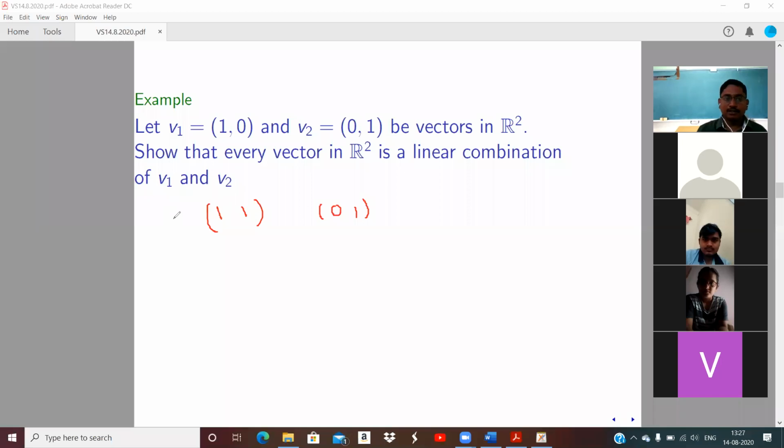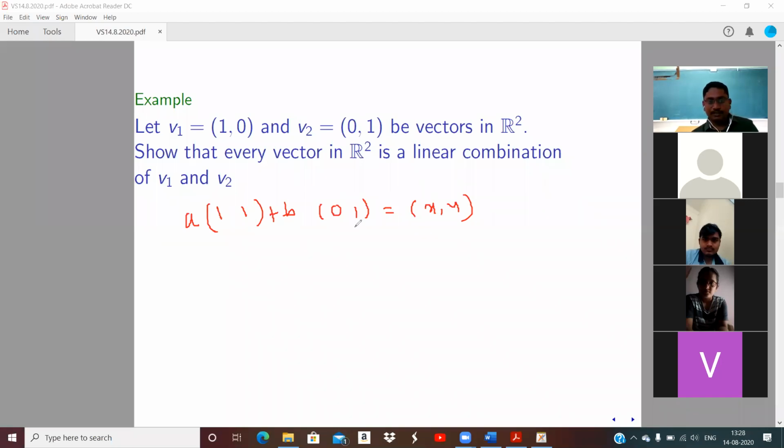Can every vector be a linear combination of these two? Can you find a and b for any x and y? Here, x and y are known, and the unknowns are a and b.